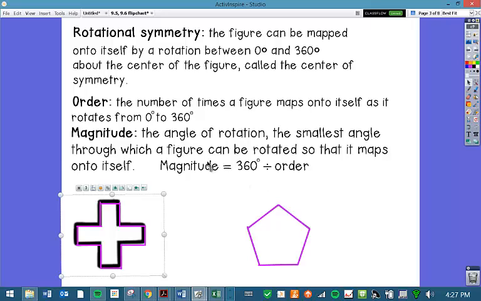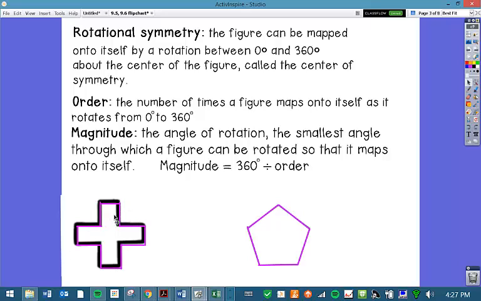Magnitude is the angle of rotation, how many degrees you're rotating with each of those rotations. It's the smallest angle through which a figure can be rotated so that it maps onto itself. So magnitude is 360 degrees divided by the order.